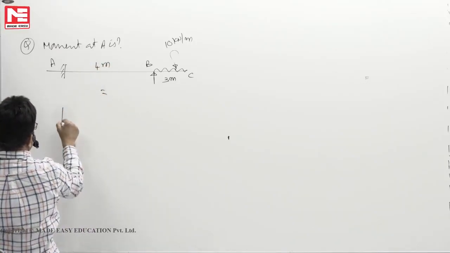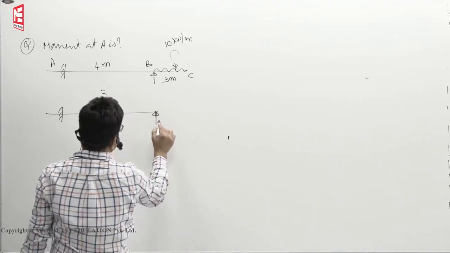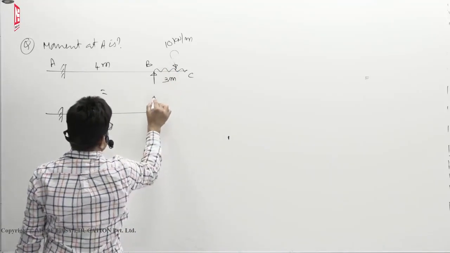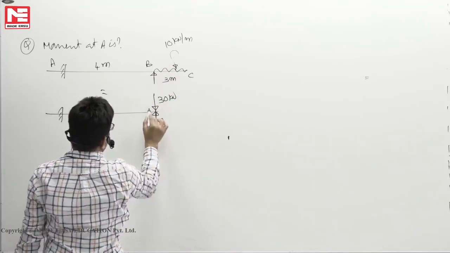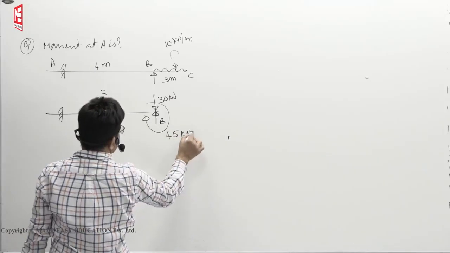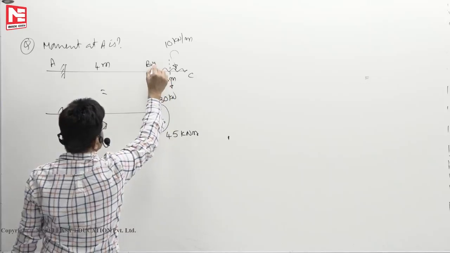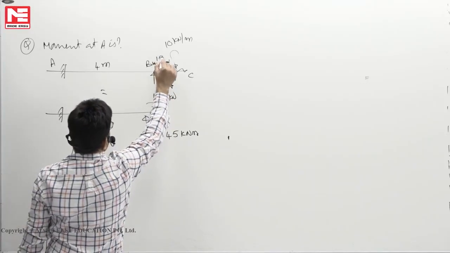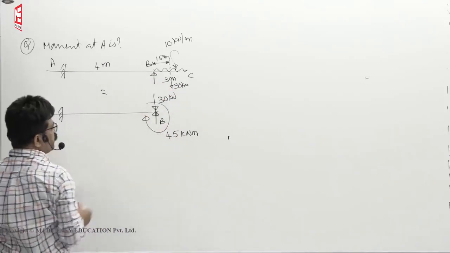So, when you equate it, whether UDL is there or point load is there, it hardly matters. So, 10 into 3, 30. So, 30 down. 30 into 1.5, 45 clockwise, right? Because UDL acts at its centroid like this. This is 1.5 meters. This is 30 kilonewton. So, 30 into 1.5, 45.